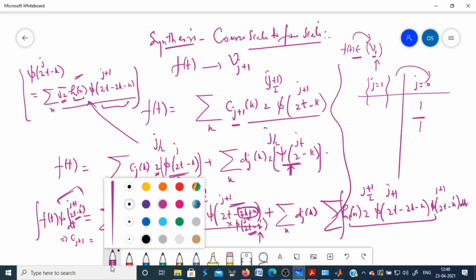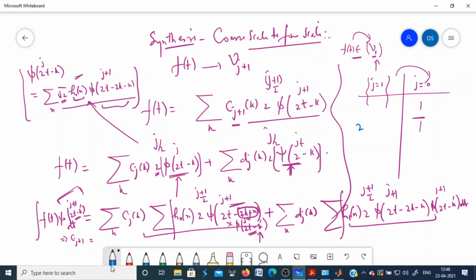So if my 2k plus n is equal to k cap, in that case this integration will become 1. For all other factors this integration will be 0. So as a result this equation will turn into this.